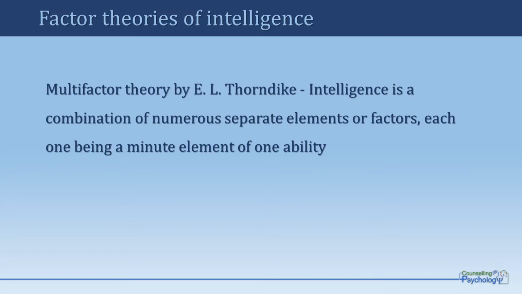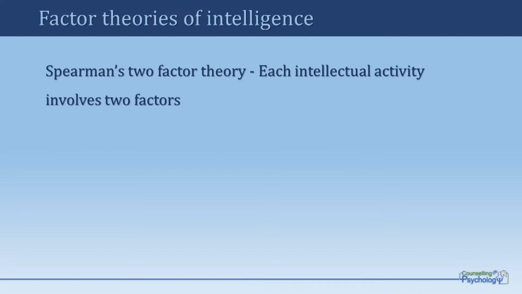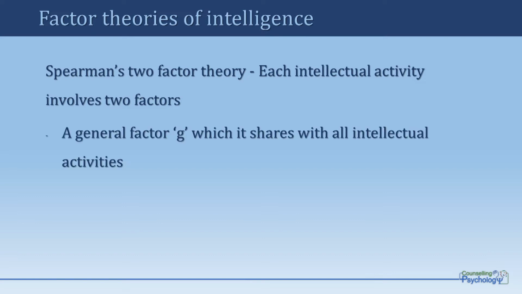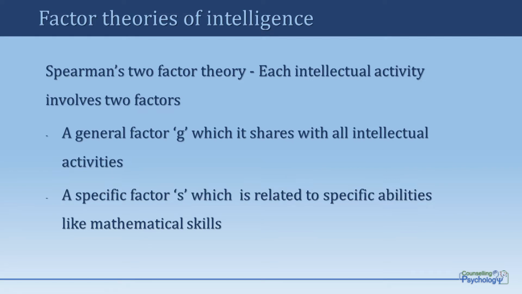Then the multi-factor theory by E.L. Thorndike suggests that intelligence is a combination of numerous separate elements or factors, each one being a minute element of one ability. Next is Spearman's two-factor theory, according to which each intellectual activity involves two factors, a general factor G, which it shares with all intellectual activities, and a specific factor S, which is related to specific abilities like mathematical skills.